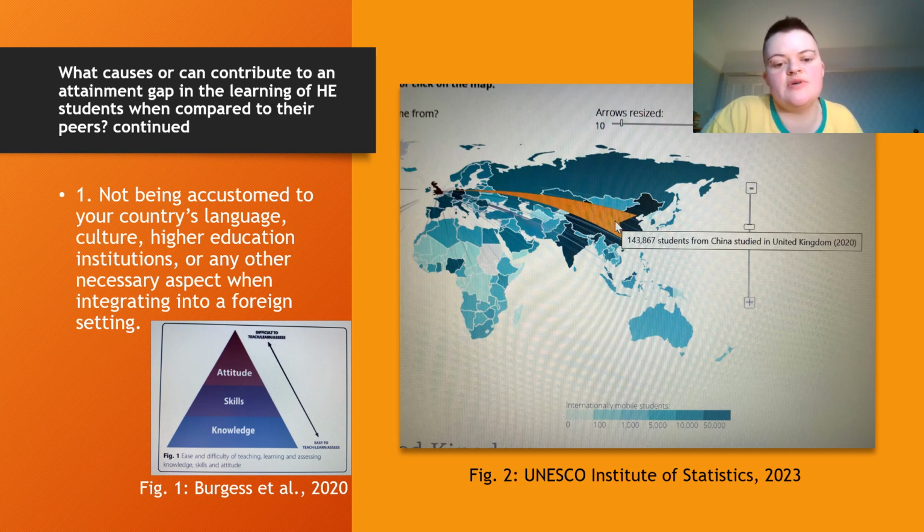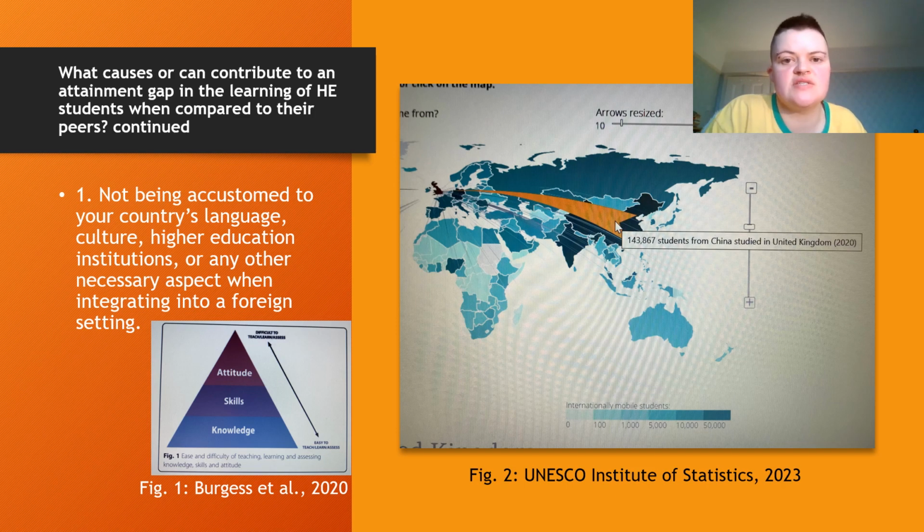Again, it ties into Burgess's triangle, because as foreign students they are potentially not accustomed to this country's language, culture, higher education institutions, or any other necessary aspect when integrating into a foreign setting.